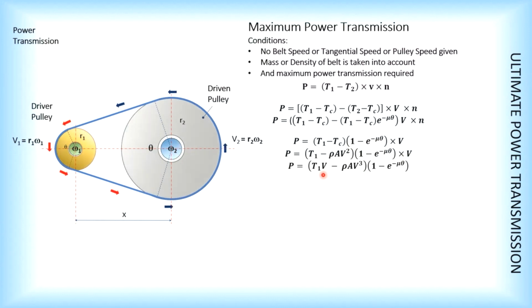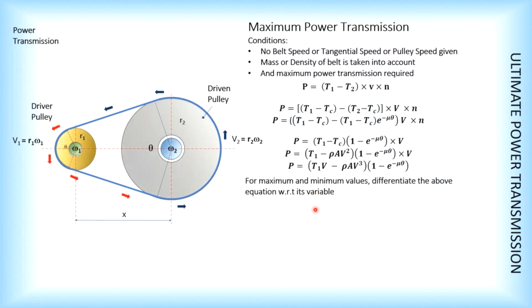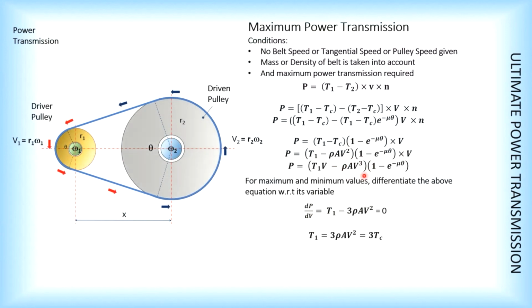In this case, velocity is the variable, so you differentiate P with respect to V. Once you differentiate this equation using the product rule, and then equate it to 0, you get T1 equals 3Tc, where Tc equals rho A V squared.